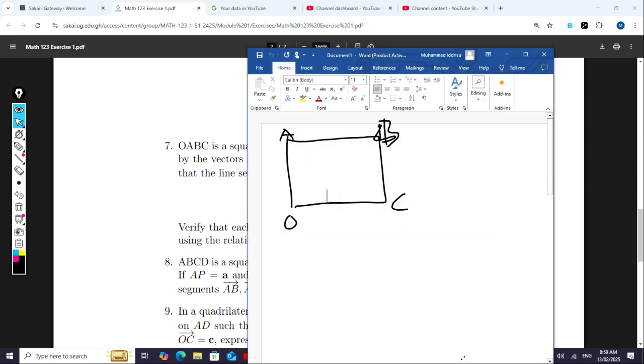So the opposite sides are parallel. OB is b, OC is c, then OA is a.